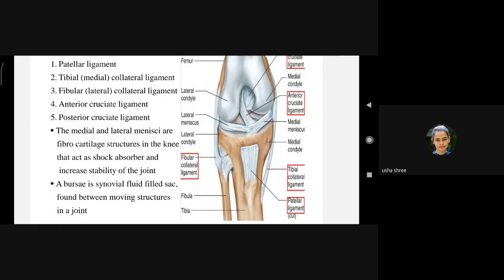It is decided by body type, like if the person is healthy or a bit fatty, then bursae may be more in number in that person's joints. So bursae are fluid-filled sac-like structures found between moving structures in a joint.